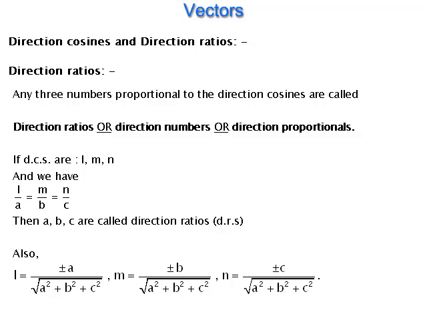Then l equals ± a upon √(a² + b² + c²), m equals ± b upon √(a² + b² + c²), and n equals ± c upon √(a² + b² + c²).